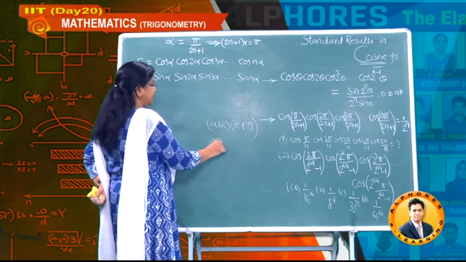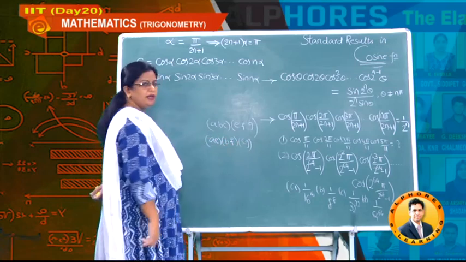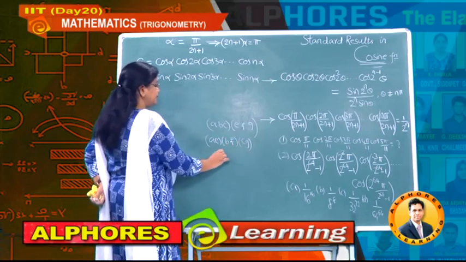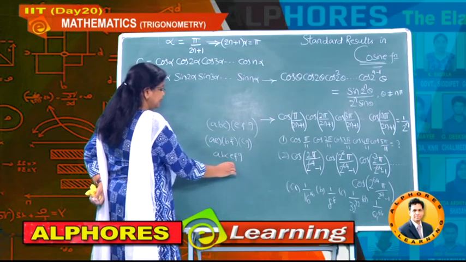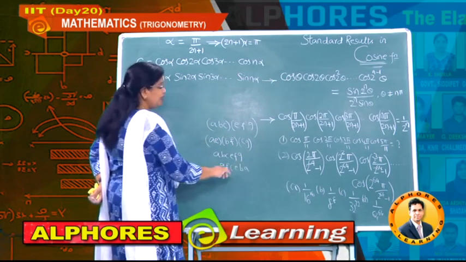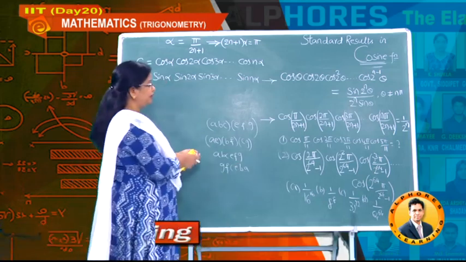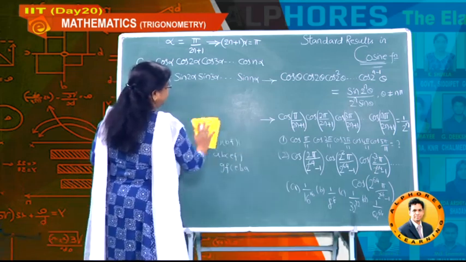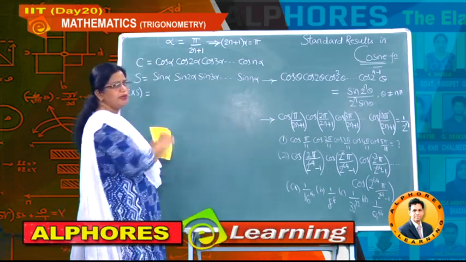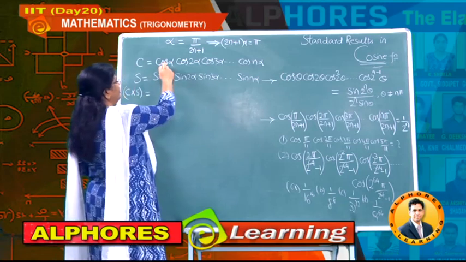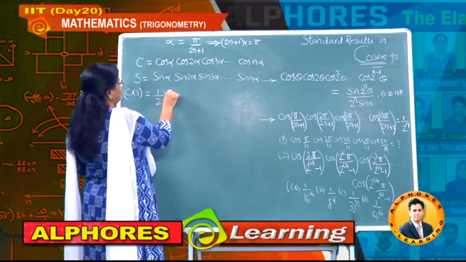That is, I can write a, e into b, f and into c, g, or you can write a, b, c and e, f, g, or you can write g, f, c, e, b, a. In any order you can do multiplication, nothing will change. Now here also we are multiplying sin alpha into cos alpha. What is sin alpha into cos alpha? Half sin 2 alpha. Got it, students?